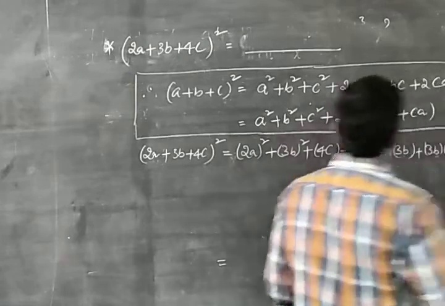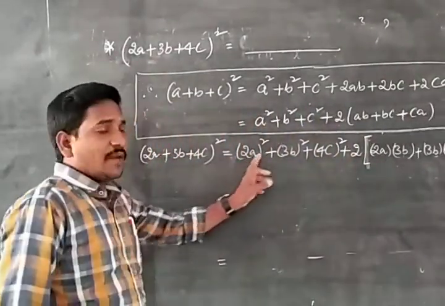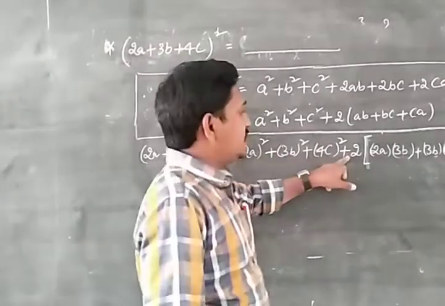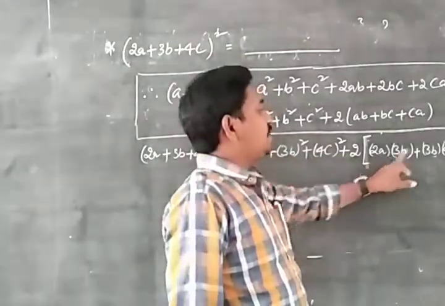Okay, now a square plus b square plus c square plus 2 into ab plus bc plus ca.